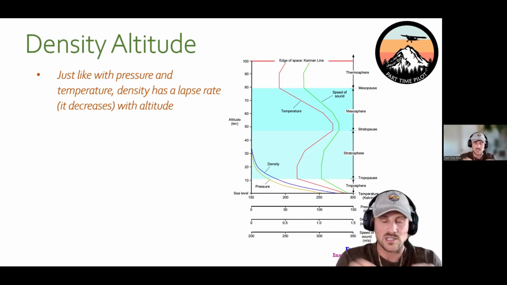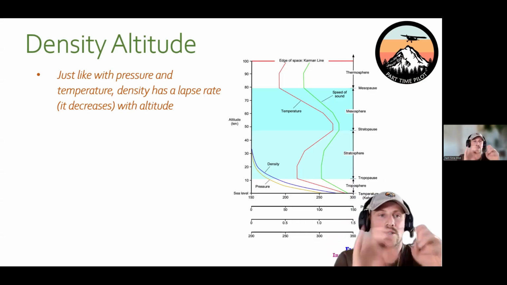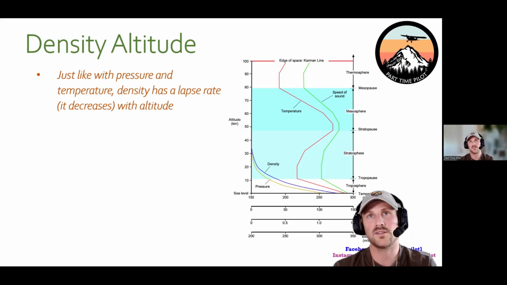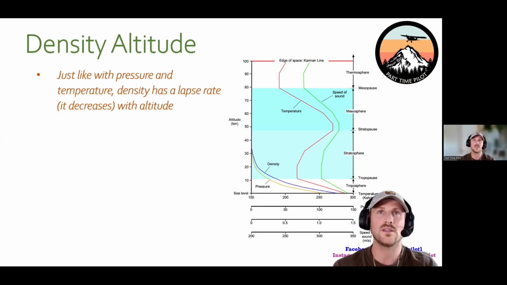It's in the weather section, it's in the performance section, it's in the aerodynamics section. So I touch on it a little bit at a time. That's the goal, to build up, so it's not all at once: here's all the places it affects and gets your head spinning. So I think this is the last time we're going to talk about it, maybe. But hopefully this puts it all together for you.